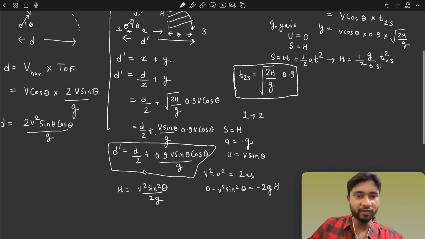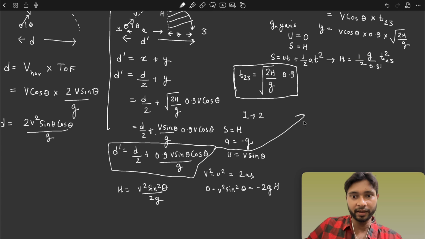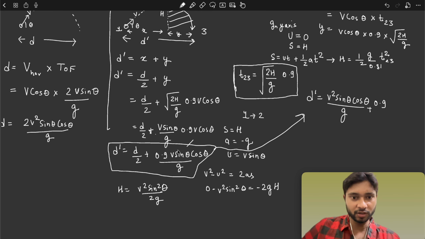Now we can put back the value of d here. D is nothing but 2v square sin theta cos theta by g. I am writing this here. So d dash is d by 2, which is v square sin theta cos theta by g, plus 0.9 v square sin theta cos theta by g.